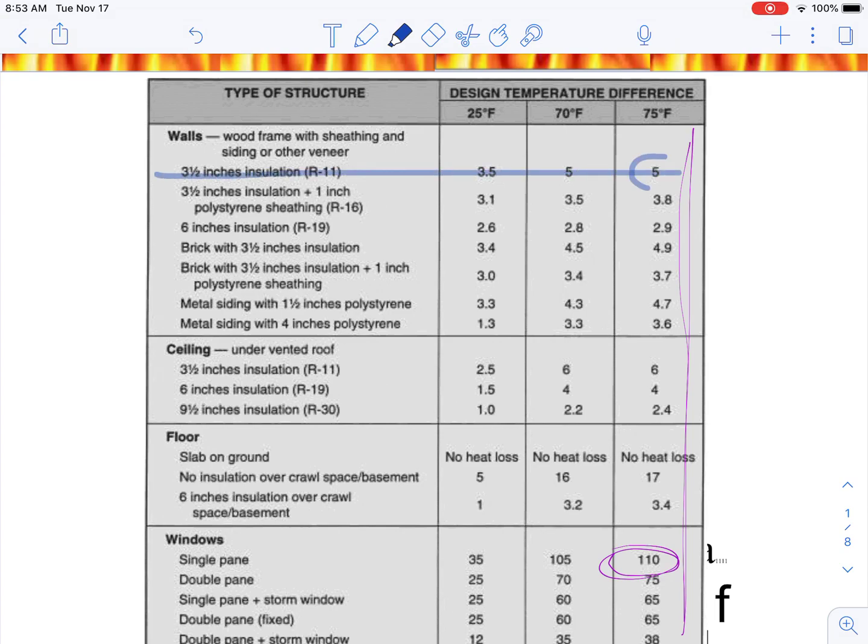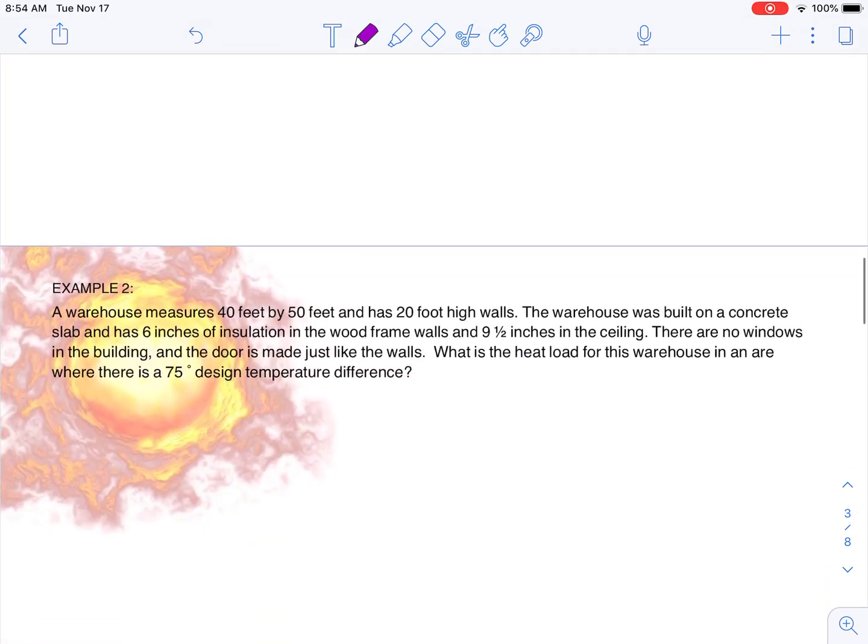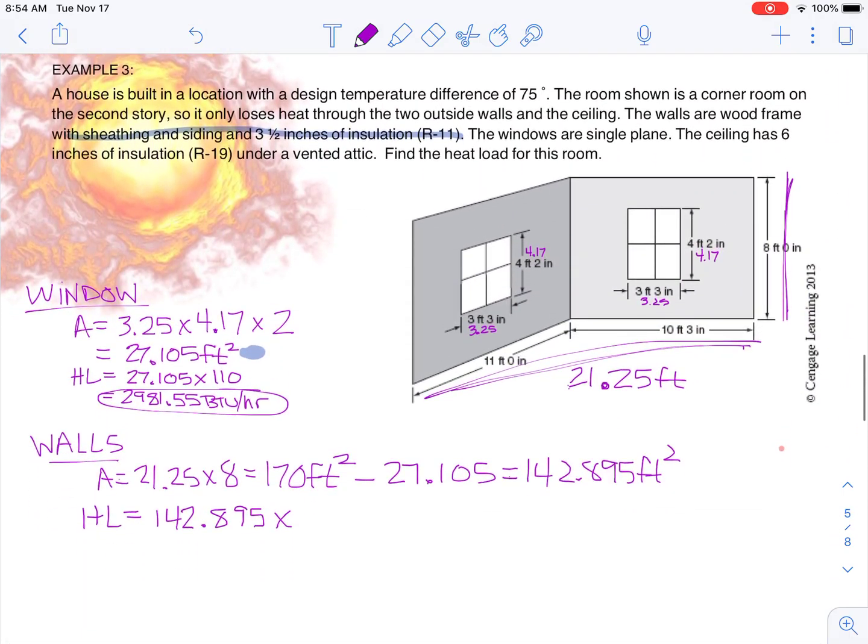And remember, we're still working with 75 degrees, so our coefficient is 5. So we're going to multiply the area by 5 to get 714.475 BTUs per hour.